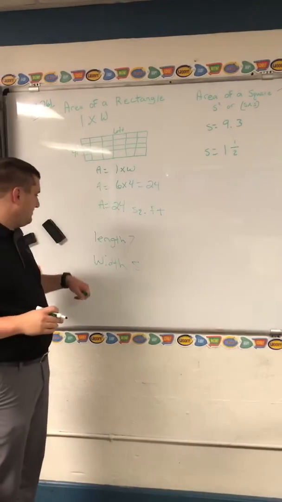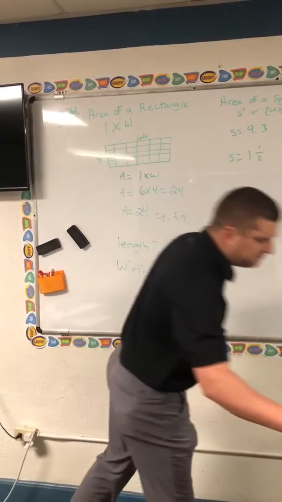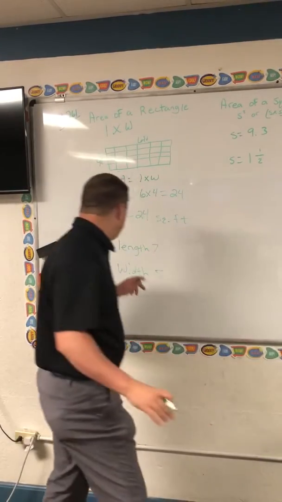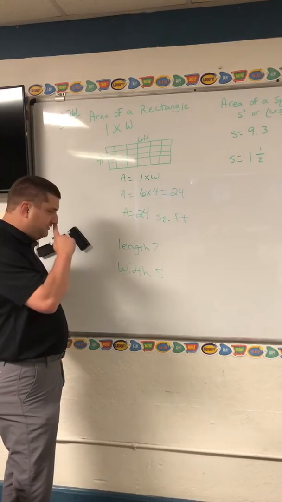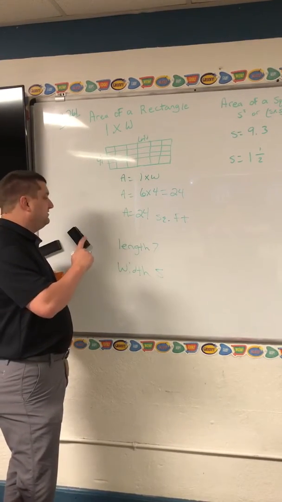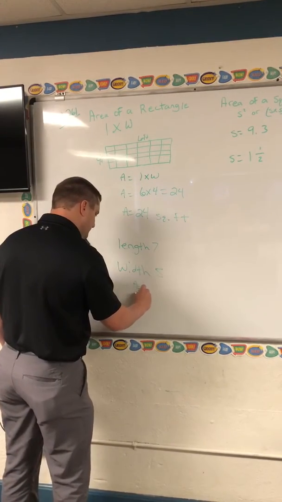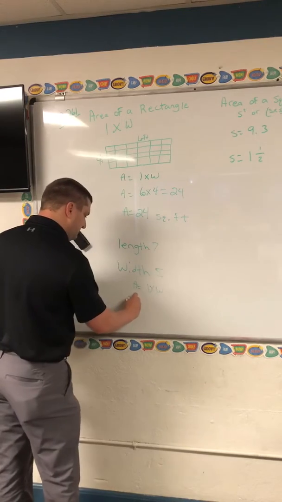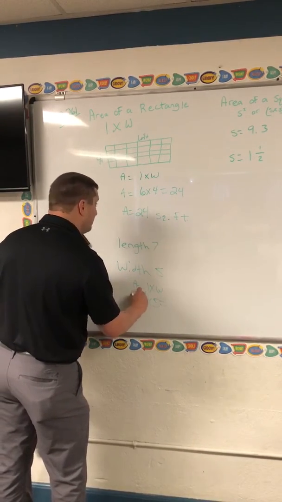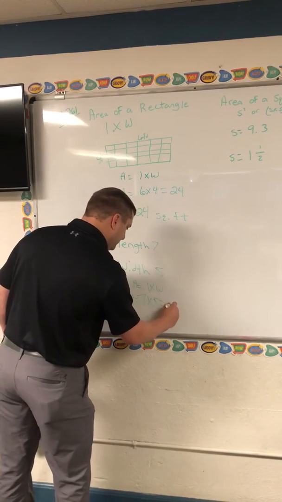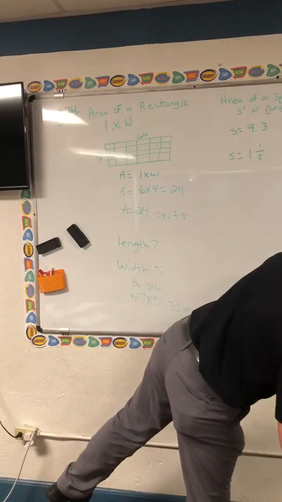Also, when you don't have the square written for you, they give you the length and width. So, for example, this is problem 2A. You have a length of 7 and a width of 5. To find the area of this rectangle, you just say A equals length times width, 7 times 5, which equals 35 square yards.